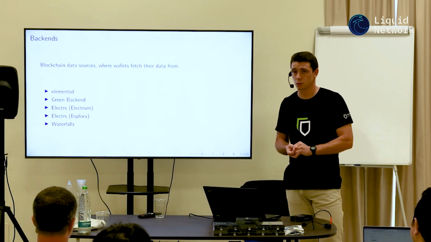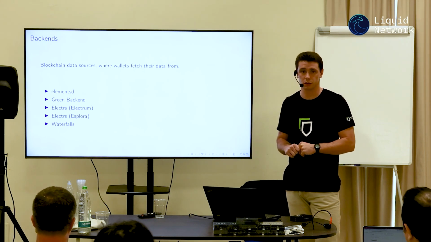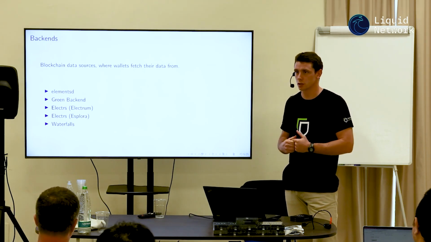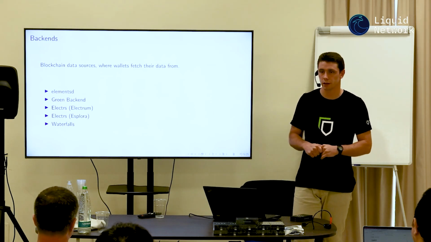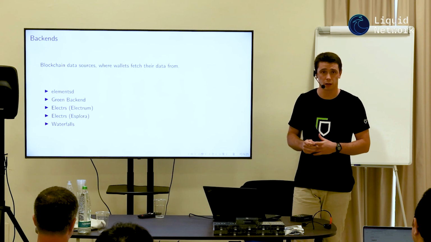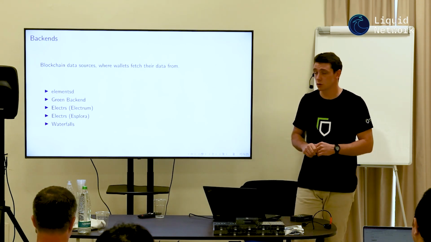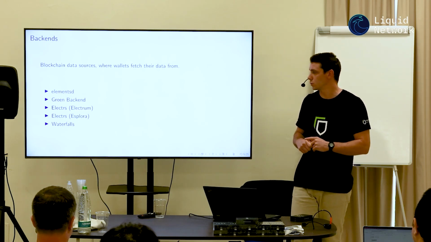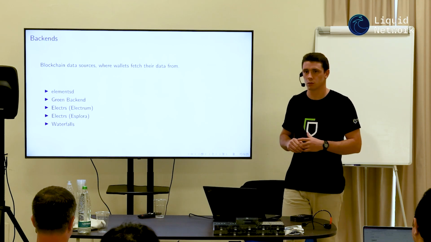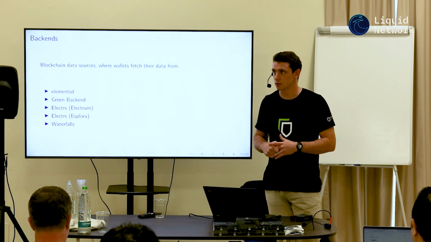Then we have Electrs. It has two interfaces. One is the Electrum interface, which is a standard Electrum interface that is used by most people out there. And it also has an HTTP interface, which we call the Explorer interface, which can be useful in other circumstances.